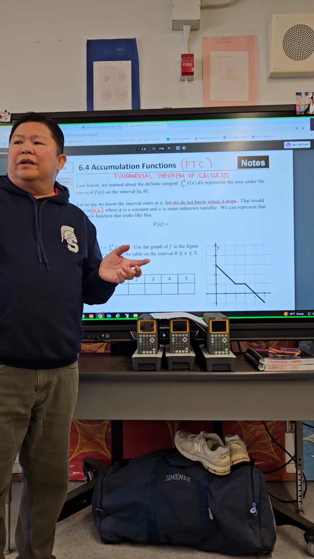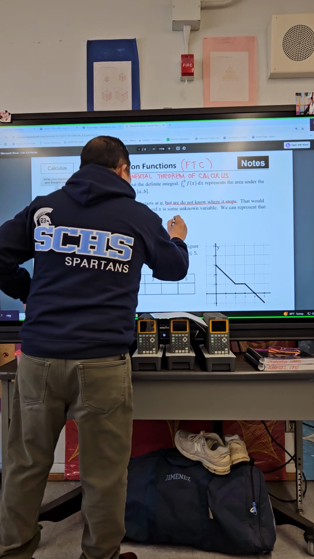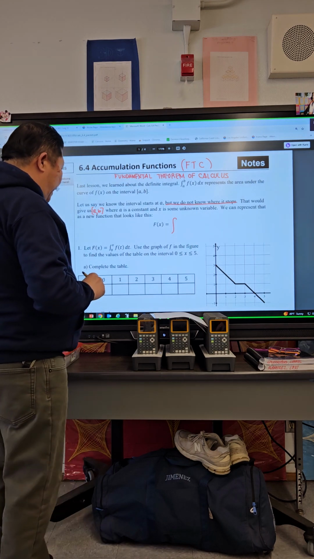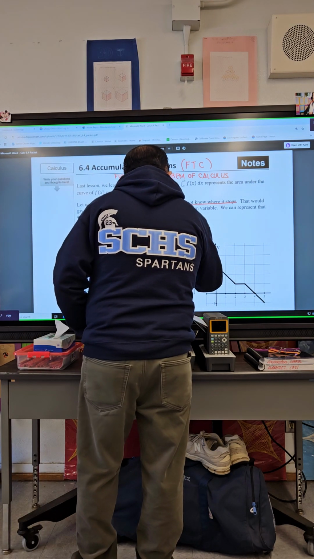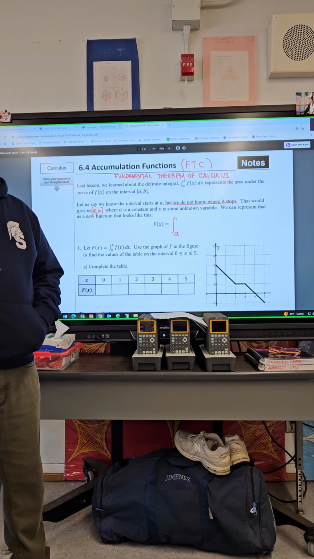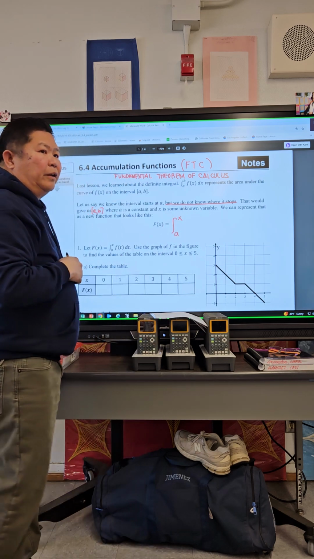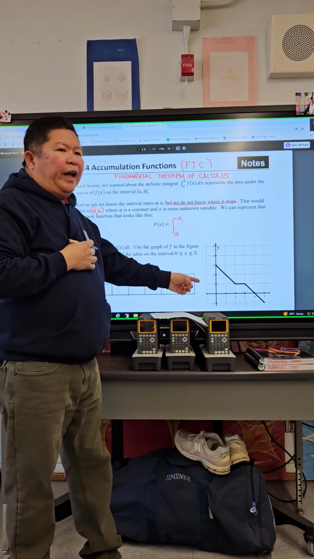Which means we're going to have the integral from a. A is the lower limit, and we don't know the upper limit, so we say x.